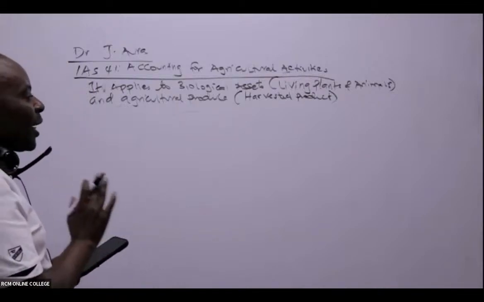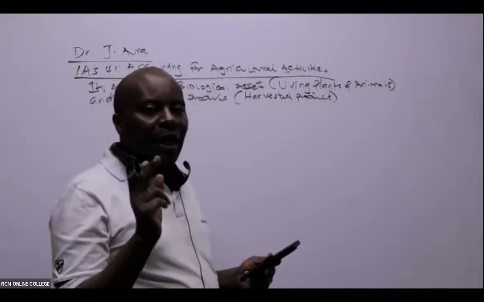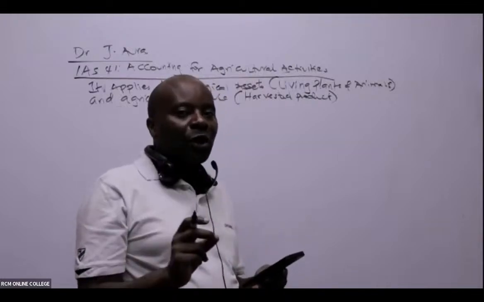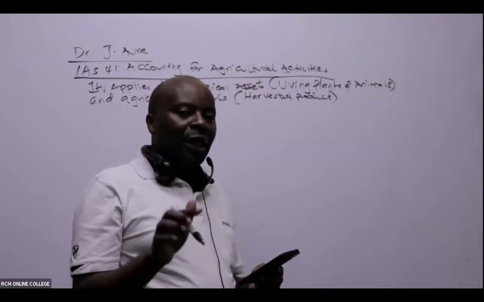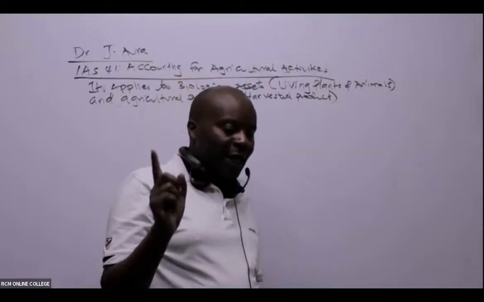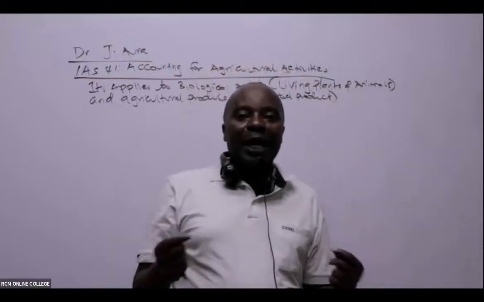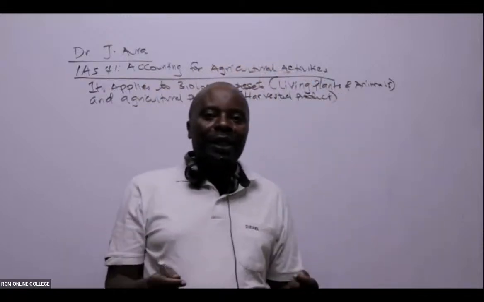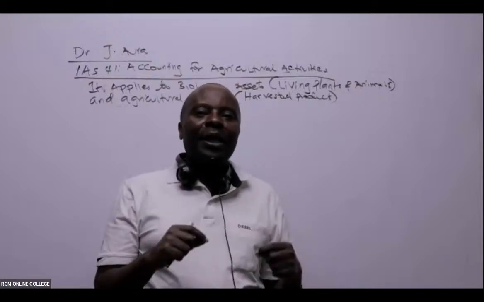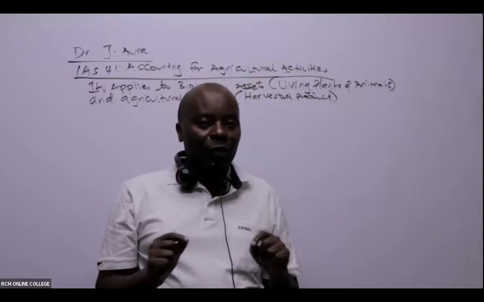So it does not cover land use or the processing of agricultural products. If at Isinya we were, for example, crushing maize to get flour, any processing that happens post-harvesting can't be captured under IAS 41.